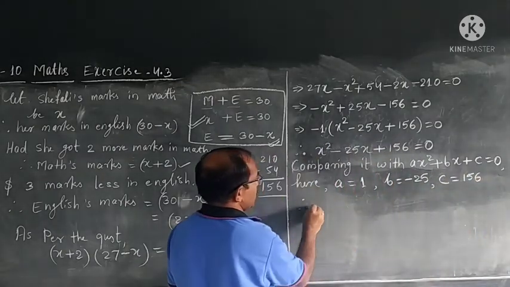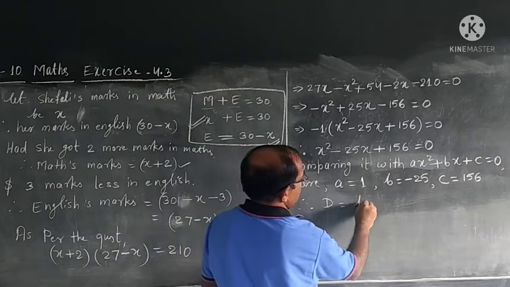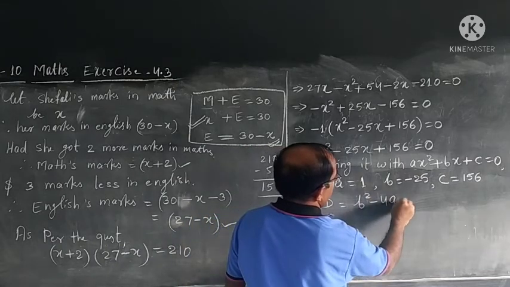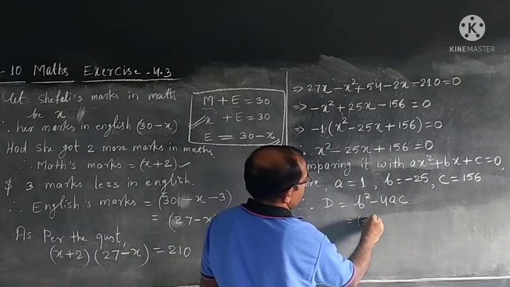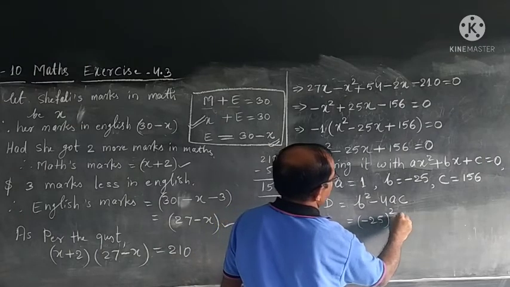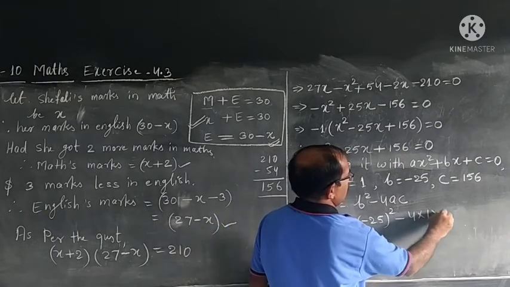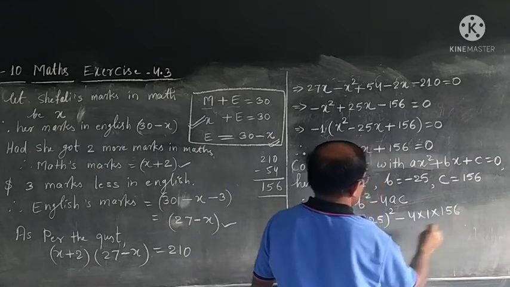Discriminant we will calculate, b square minus 4ac: b is minus 25 whole square minus 4 into 1 into c is 156.